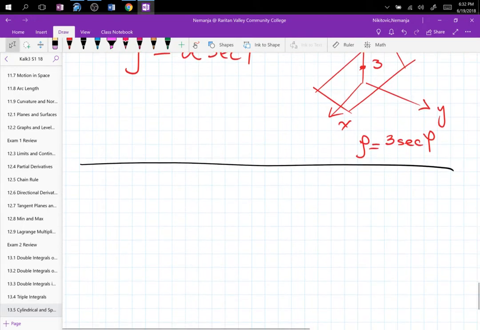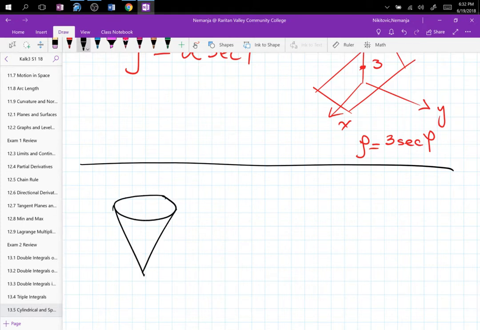So now the same problem that we had earlier, except now it has a flat top. Let's say that the flat top is at 4.